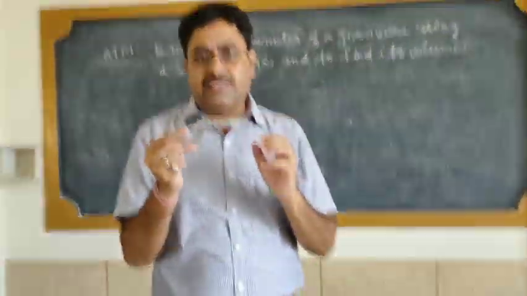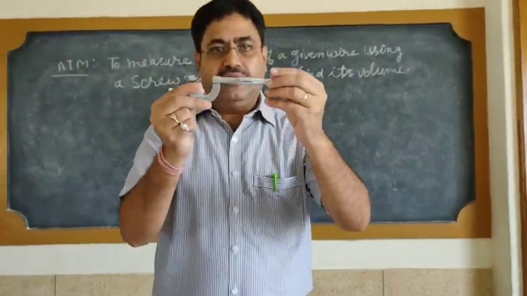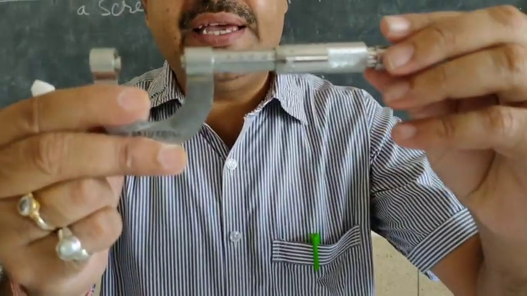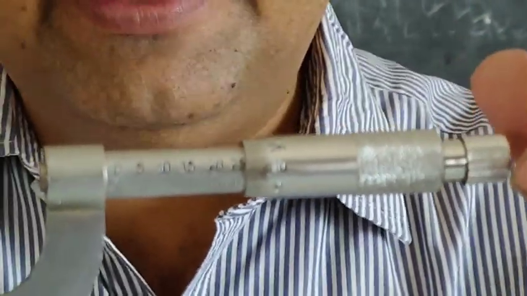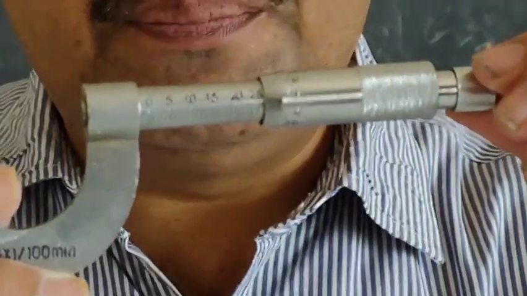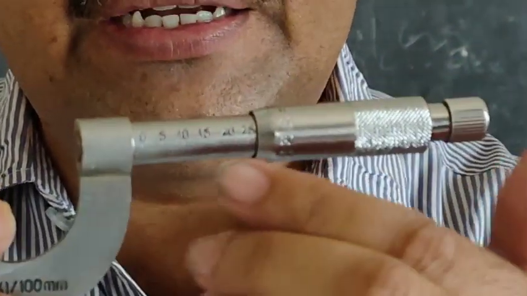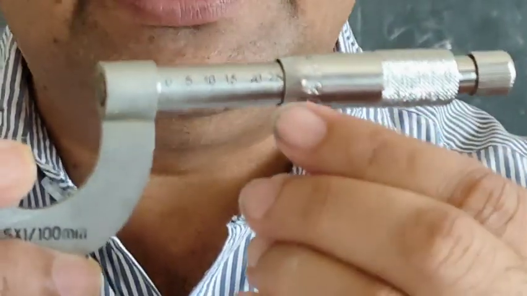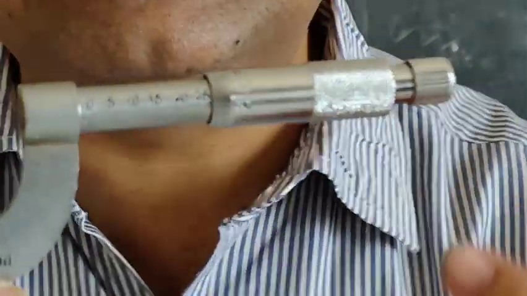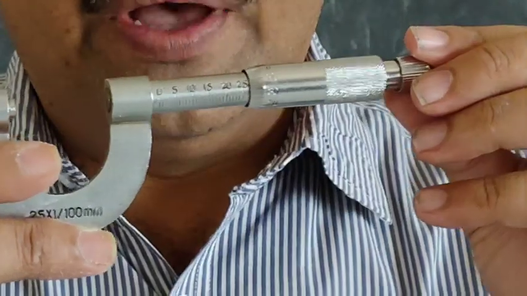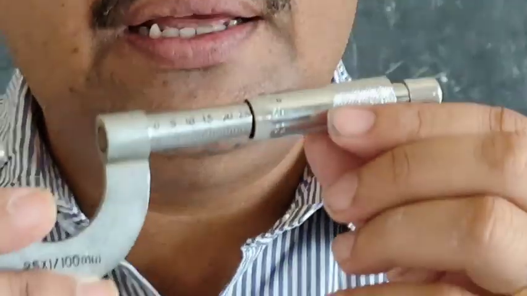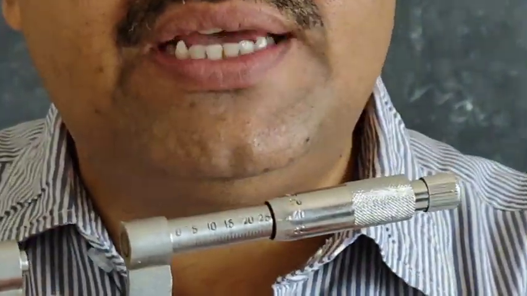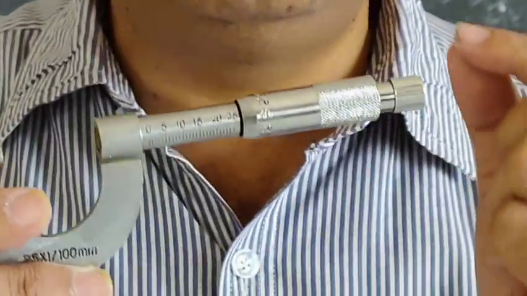Now we want to find its least count. If you see it clearly, when I give one complete rotation to the circular scale, again I am repeating, when I give one complete rotation to the circular scale, it covers 1 mm distance on the main scale, and it is called pitch.